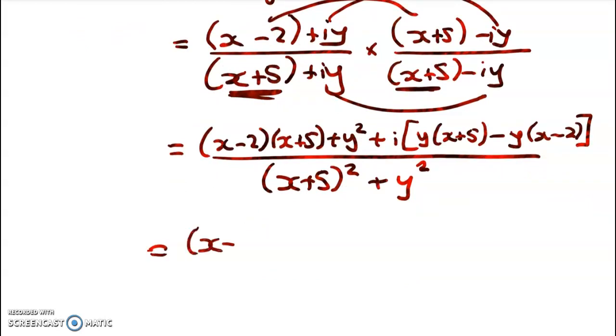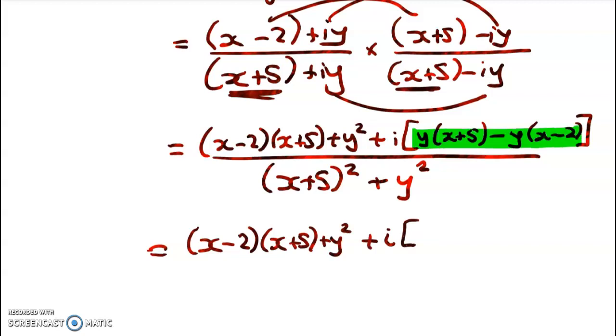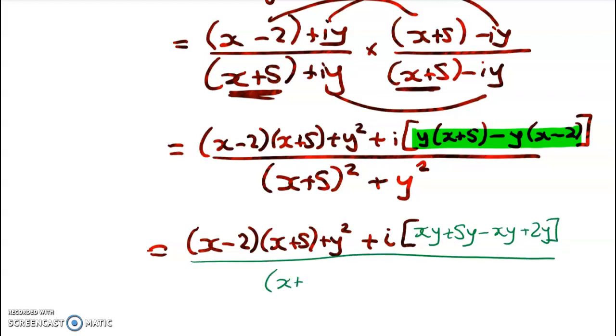So the real bit doesn't have anything much to do to it, so just leave that like that. But when we start looking at the imaginary bit here, you can see some simplification. So we get xy plus 5y minus xy plus 2y. And that's over this denominator, which it turns out is not going to matter very much.